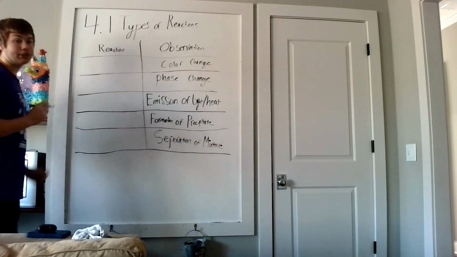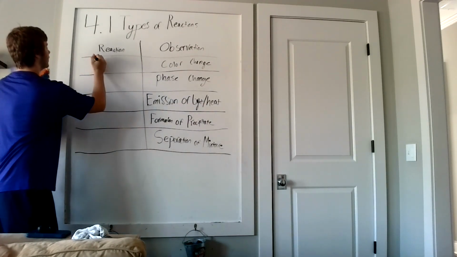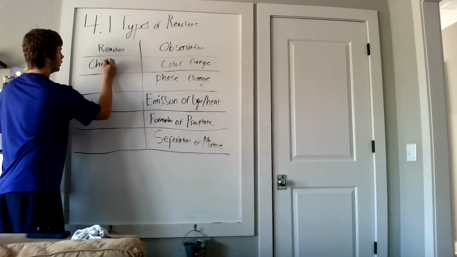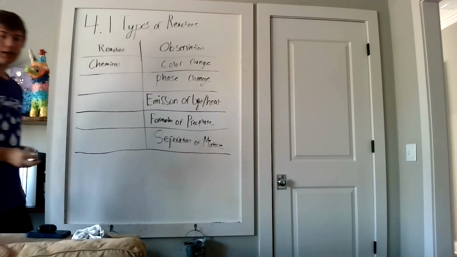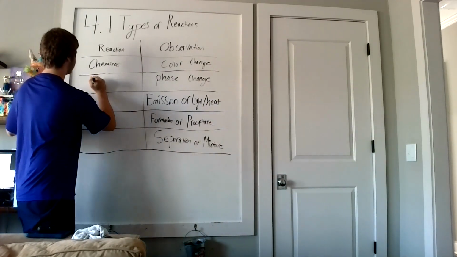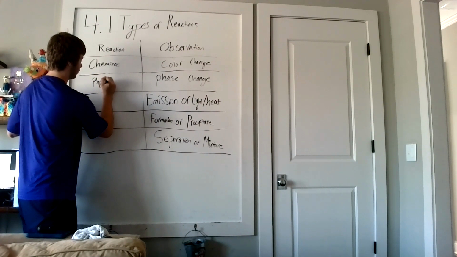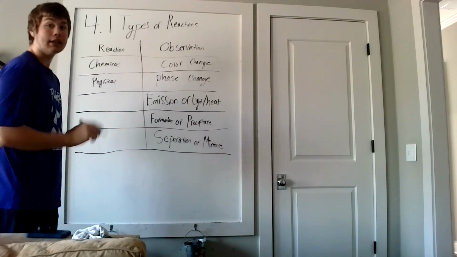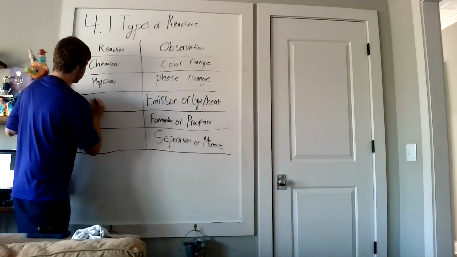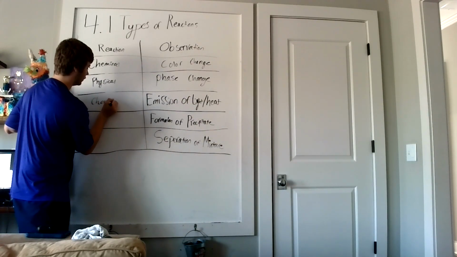So a color change. Usually this denotes a chemical reaction. A phase change, like I just said, denotes a physical reaction. Emission of light or heat. This denotes a chemical reaction.